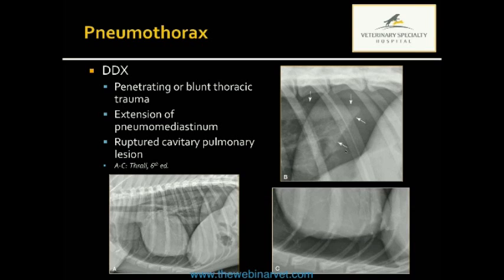On the lateral views, it actually tends to be the more sensitive region to look caudodorsally here. If there is sufficient pneumothorax, you may actually see what we would call elevation of the heart from the sternum by air opacity again. Be cautious. Some animals may deposit fat here, so it can be tricky sometimes to know, is that the heart being elevated, or is it just a fat patient?